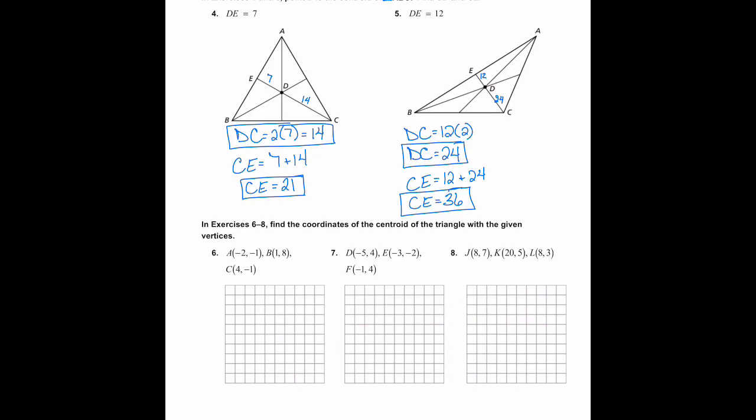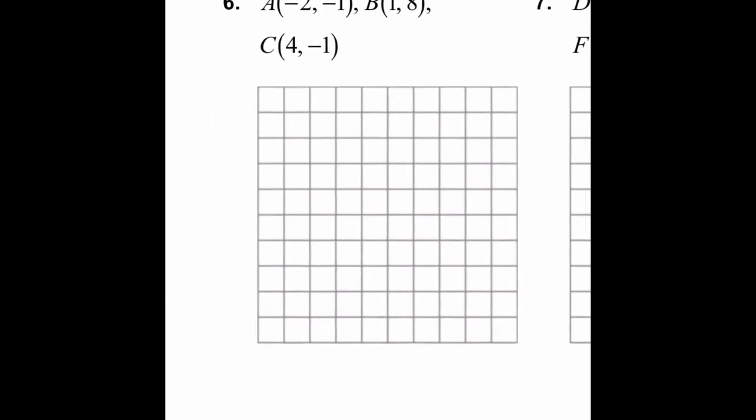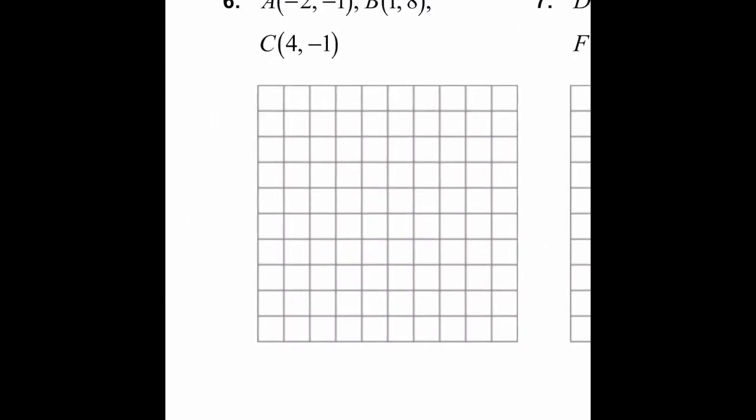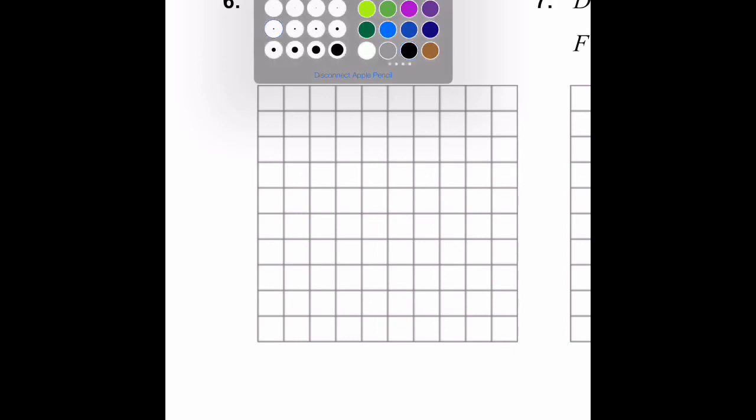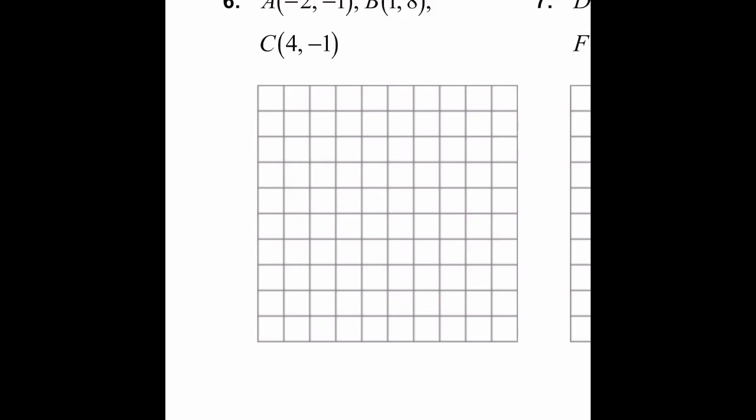Now, find the coordinates of the centroid of the triangle with the given vertices. Number 6. Our first part of the plan is to graph our triangle. We only go up to -1, but we need to get up to positive. So my x-axis is going to be in the middle. My y-axis, however, is going to be somewhere around here.